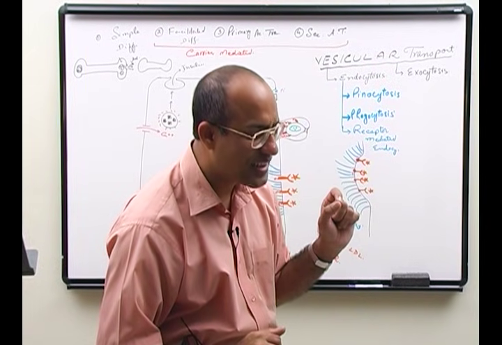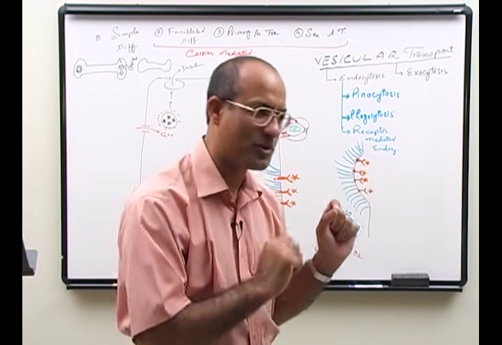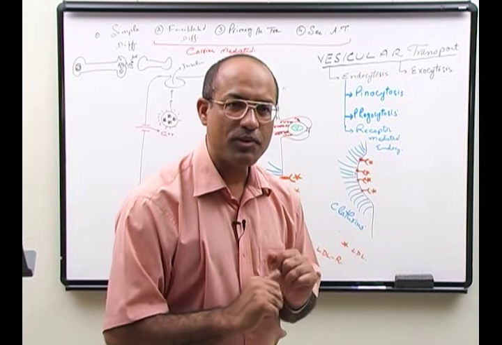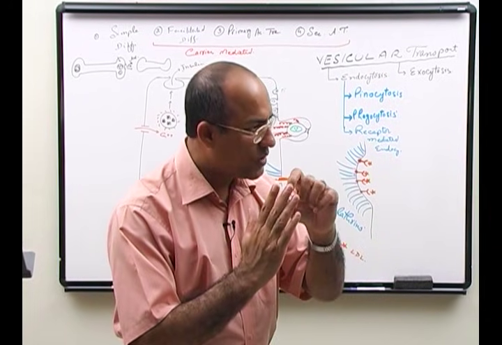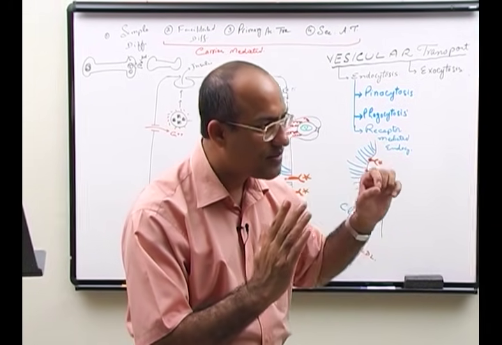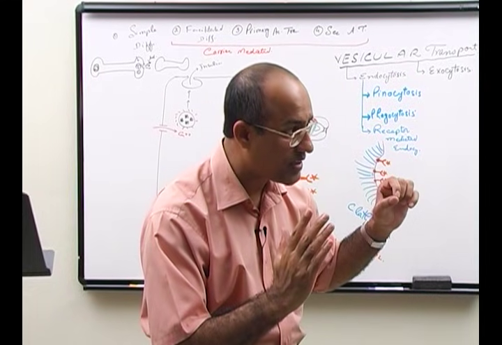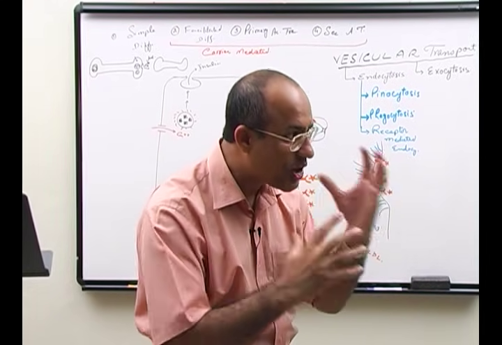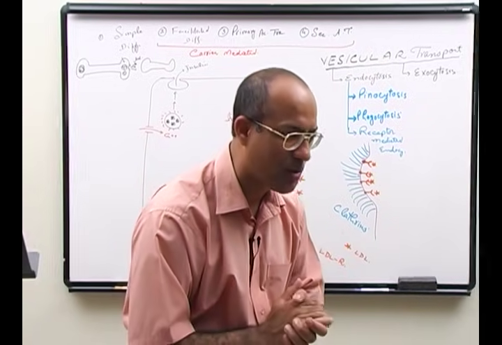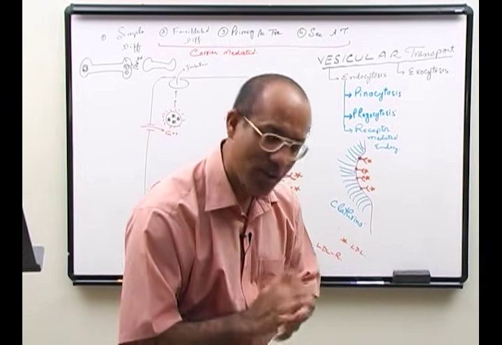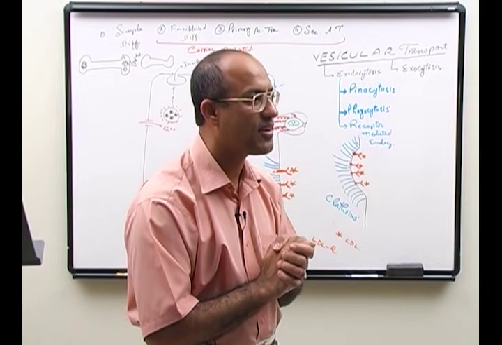Receptor mediated endocytosis. From cell membrane, vesicles are pinching off, going to the cytosol, cytoplasm, and there is reorganization of actin involved. Process is phagocytosis, right?